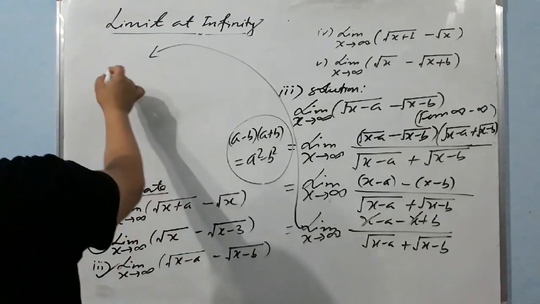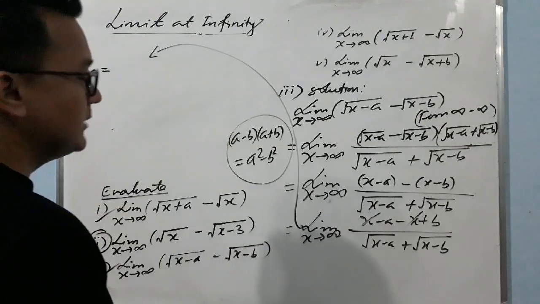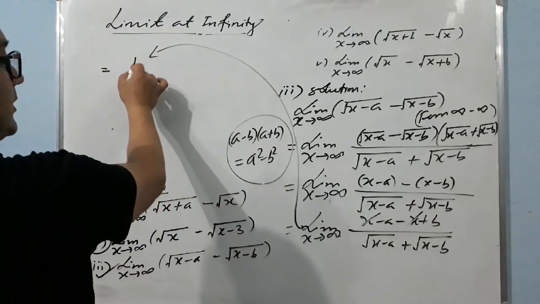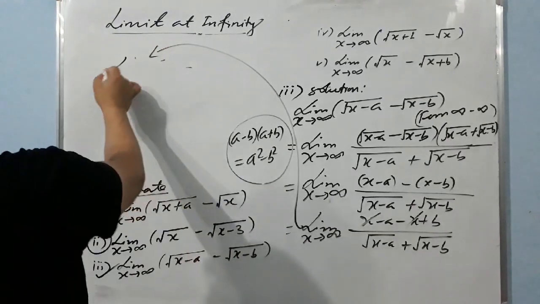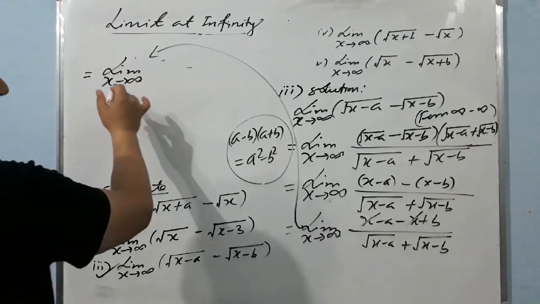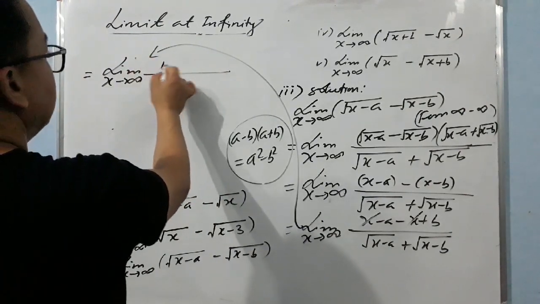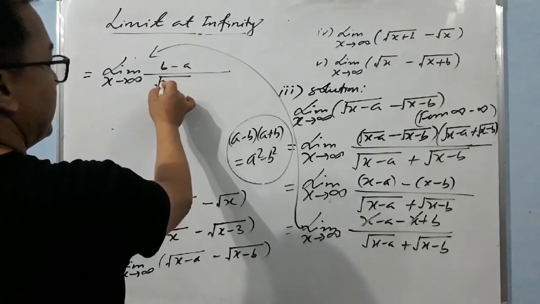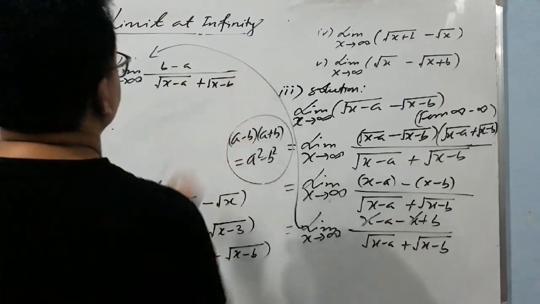Okay, no problem. It's enough to convey the mathematical language from here to your brain. b minus a, sorry, I beg your pardon. Here I need to write limit x tends to infinity of b minus a. So in the numerator we got a constant, in the denominator root x minus a plus root x minus b.